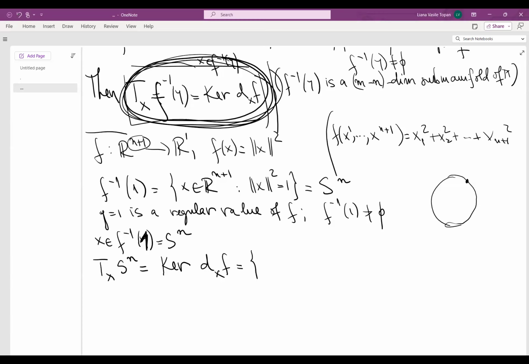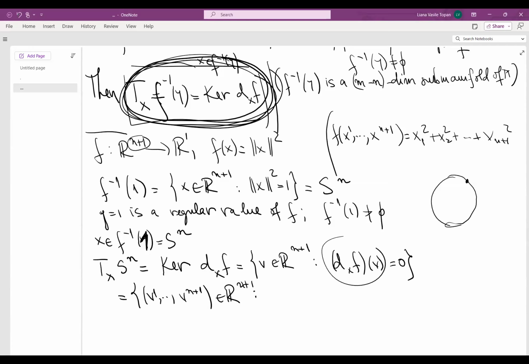The kernel of the differential will contain all the vectors v of R^(n+1) for which the differential of f at x calculated at the vector v is equal to 0, right? This is the kernel of a map. How do I write this? This is the matrix of the differential, that's the Jacobi matrix, times the vector v, transposed so we get it properly, equal to 0.